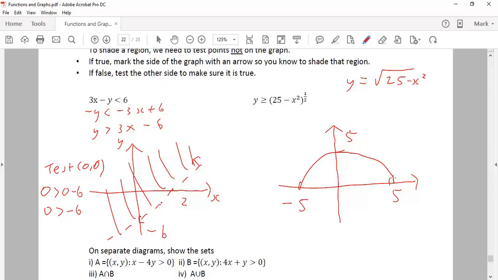So now we have to know if we're going to shade the outside or the inside of the semicircle. You can test any point that's not on the actual line. We can test this point here, where y is 1. So let's test 0, 1.